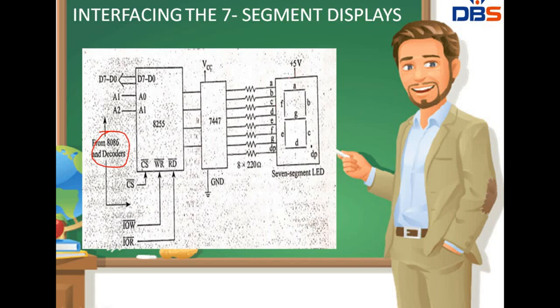See here, we have only one power supply. So to light up a specific segment, the pin of the particular segment, from A to G, is connected to a low voltage.